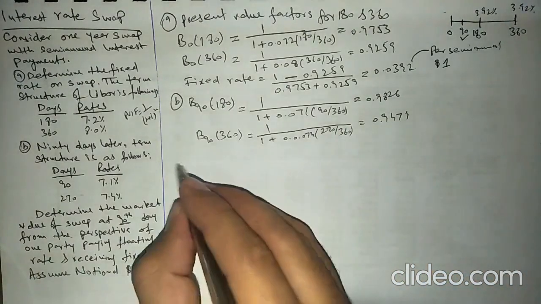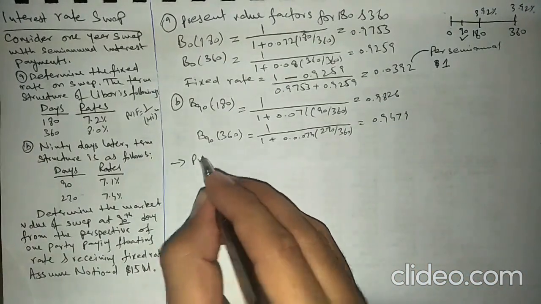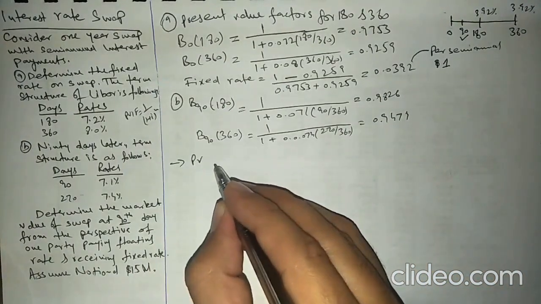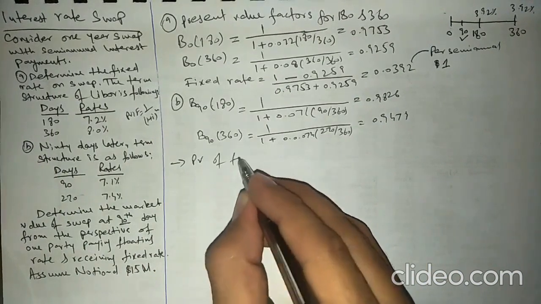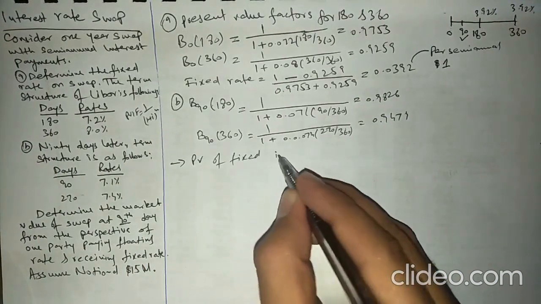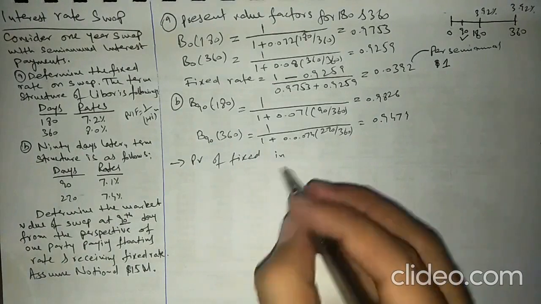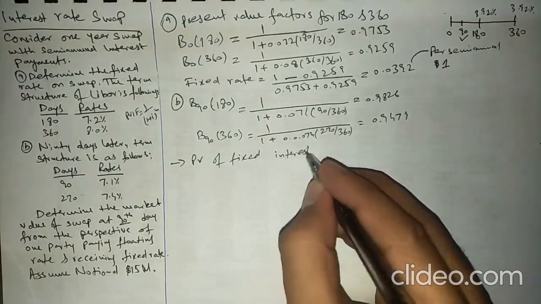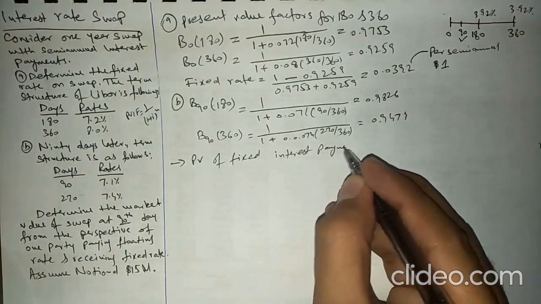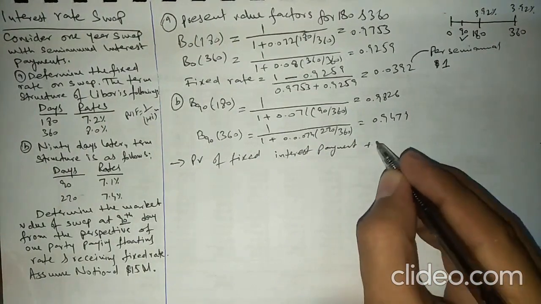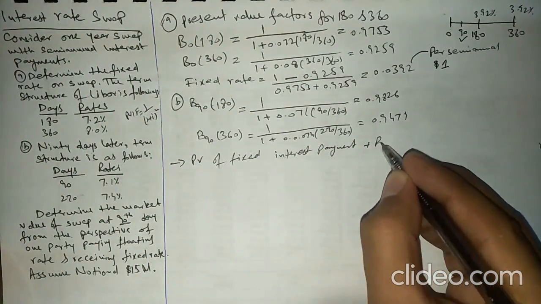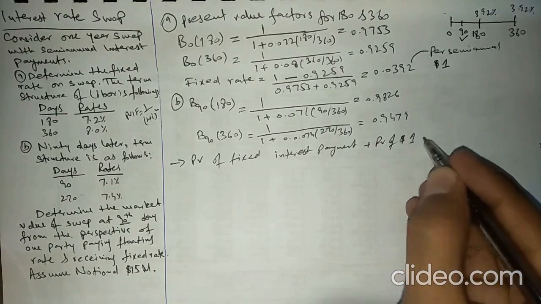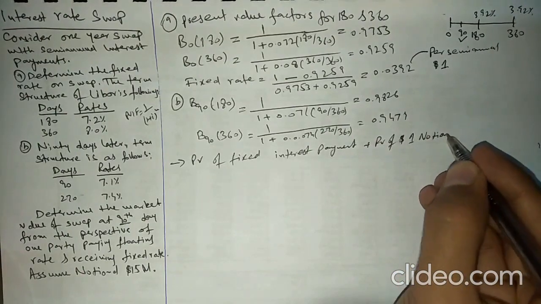Now we'll calculate the present value of fixed interest payments plus the present value of $1 notional.